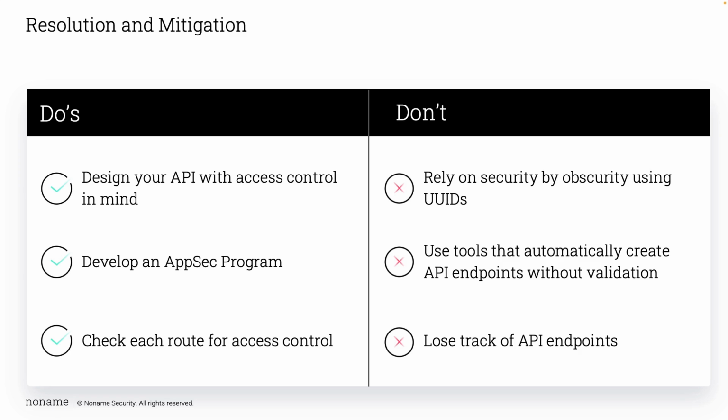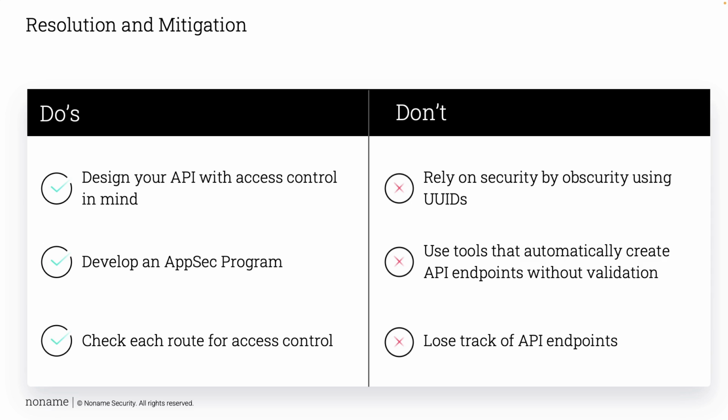So if you want to resolve and mitigate these, some do's and don'ts. Do design your API with access control in mind. You should have a very clear idea of what your access control looks like, what kind of access control mechanisms, and before an API endpoint is deployed and released, you should have a general idea of what kind of access control should be on each of that CRUD functionality.